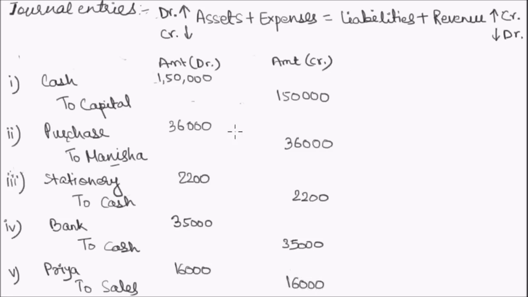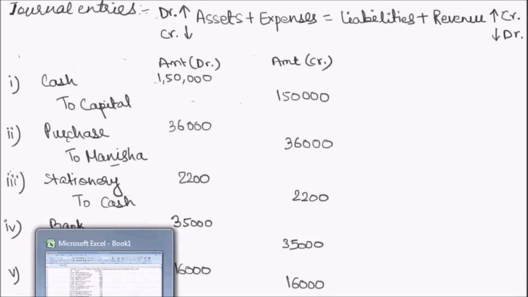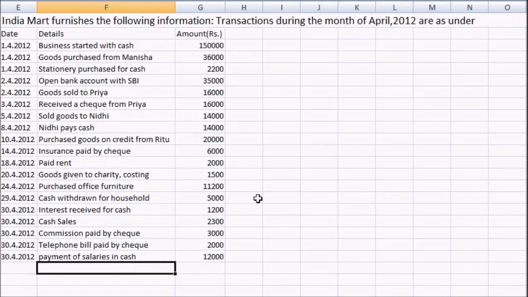Now we come to the sixth transaction. Received a check from Priya. Now there are two accounts involved in this transaction. Those are Priya account and the next one is bank account, because any transaction with the use of check deals with the bank account.